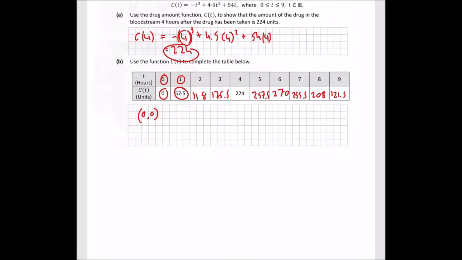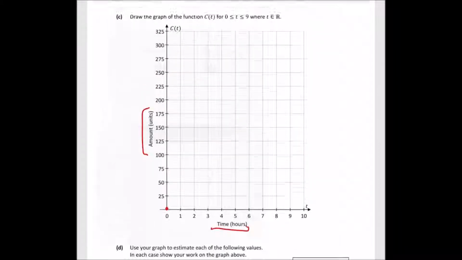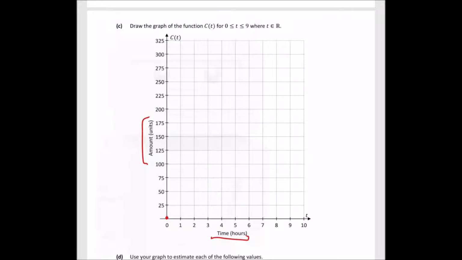Next will be 1 and 57.5, which is about here. Next then is 2 and 118 here. The next one is 3 and 175.5 here.